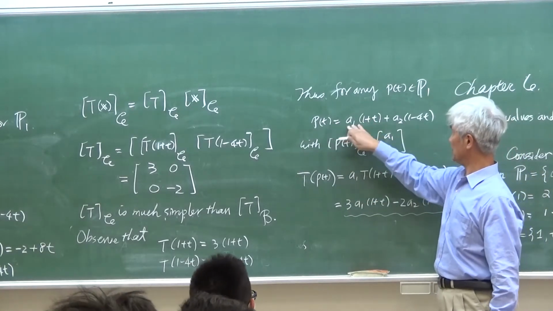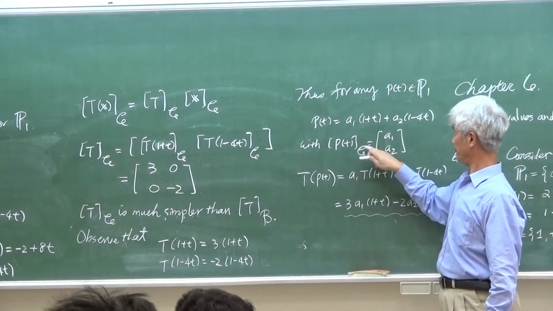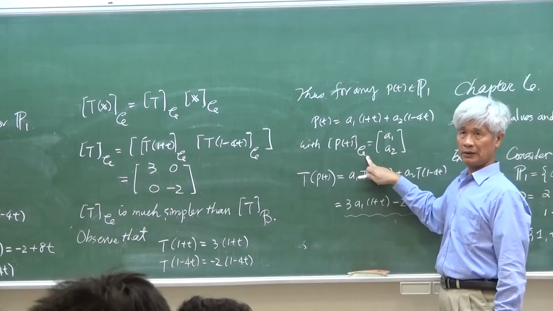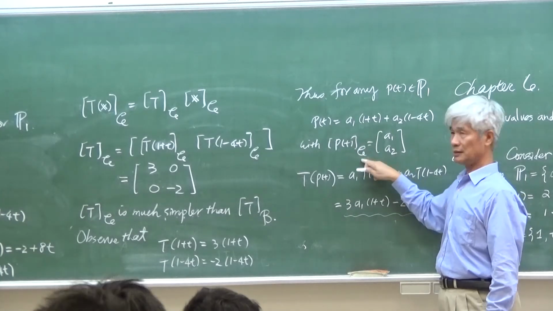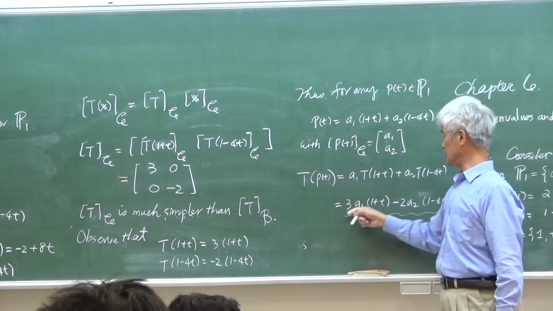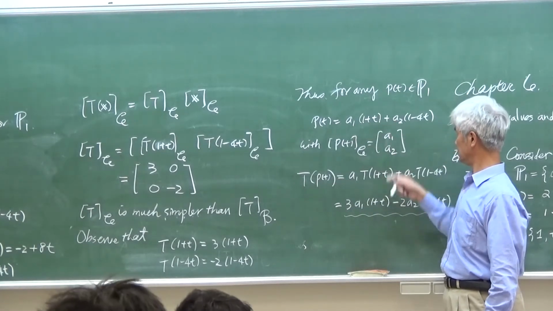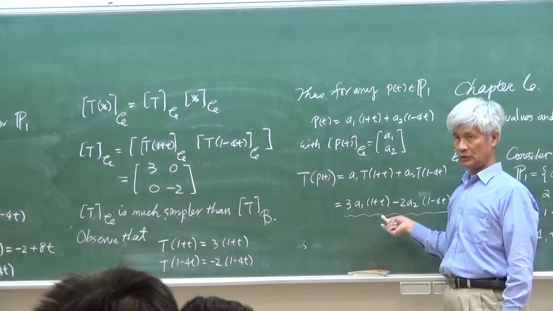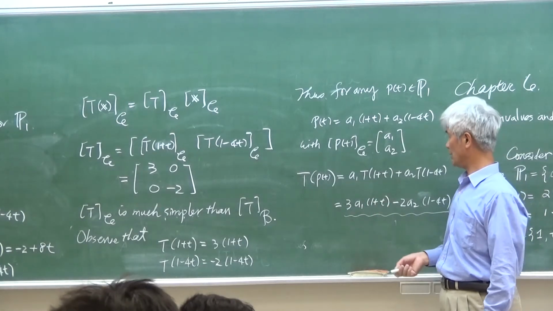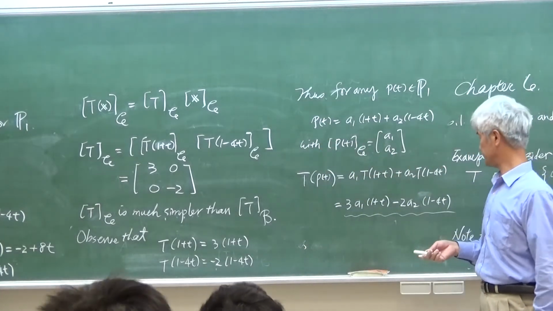If we express p(t) by a linear combination of the basis vectors in this special basis C, then the images can be written immediately without any computation. The 3 and the minus 2 are very special, right? Very special.